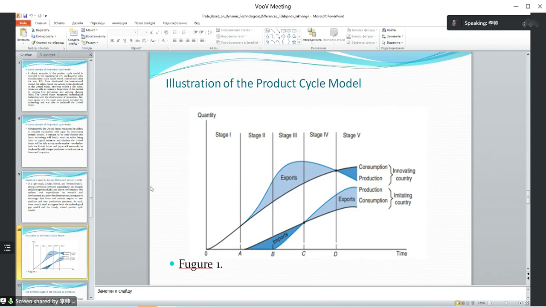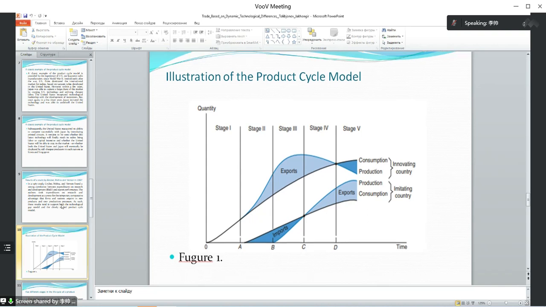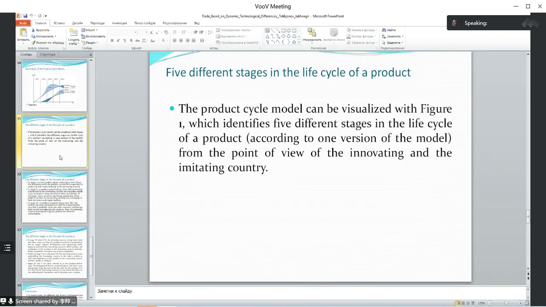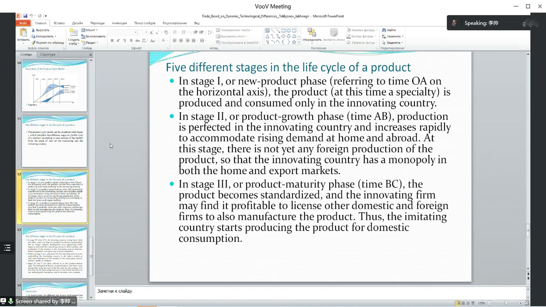In figure 1, we can clearly see an illustration of the product cycle model. There are 5 stages. Stage 1 is called the new product phase. The product is produced and consumed only in the innovating country.